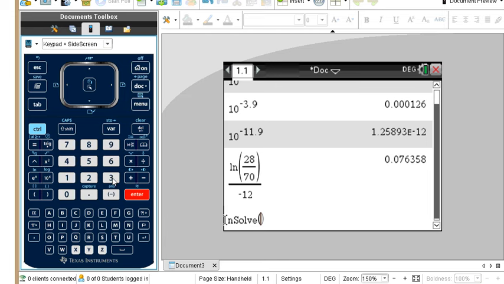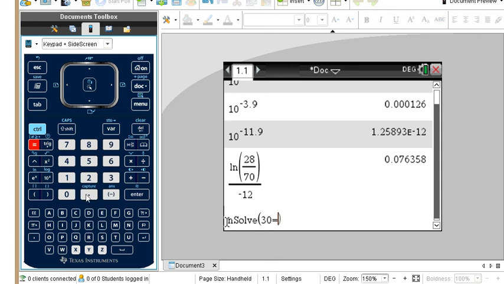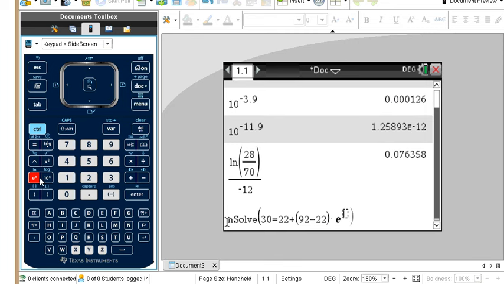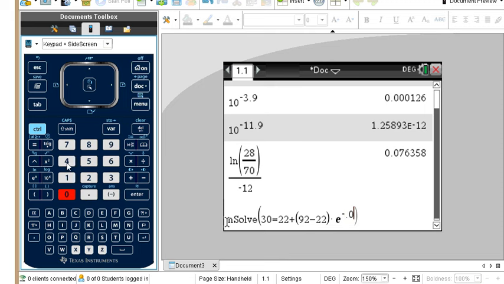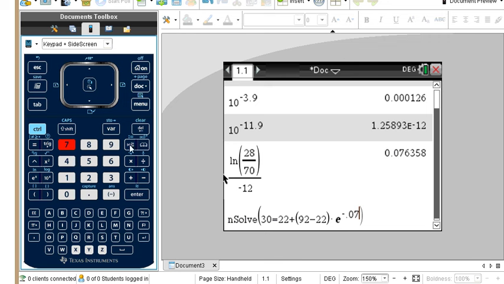So we have, looking for 30 degrees is equal to, let's look up here, we have our medium, which is 22, plus we have 92 minus 22 times e to the power of negative 0.076358 times, we'll say x.